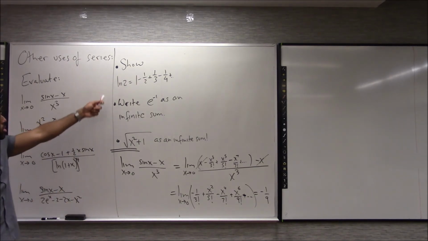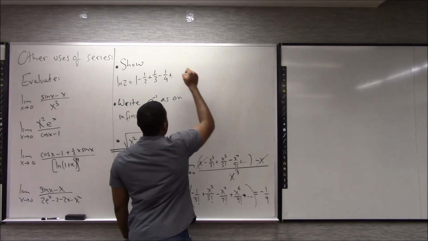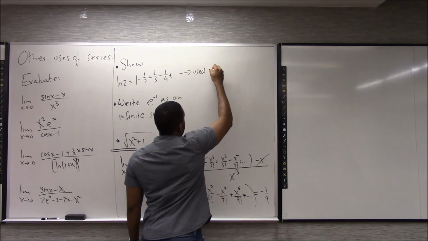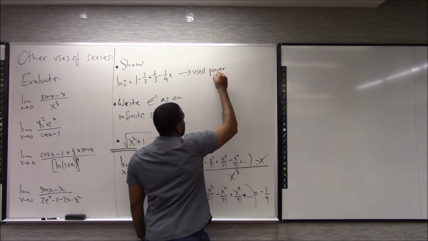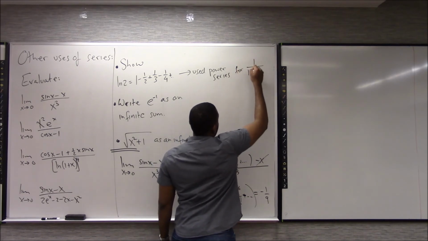This I believe I showed you last time. So the idea was we used, or you can use, the power series. I would use, to get rid of the minus sign, the power series for 1 over 1 plus x.